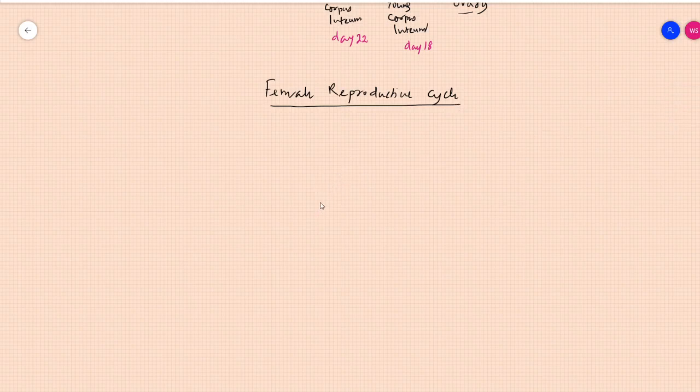So let's begin in the beginning. What are we drawing here? You're right, we're talking about the hypothalamus and the pituitary gland.